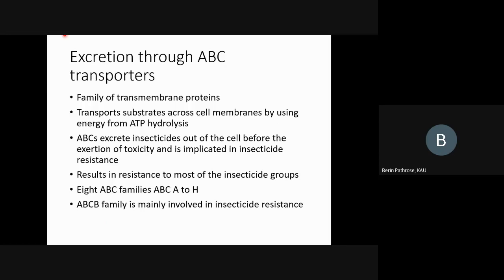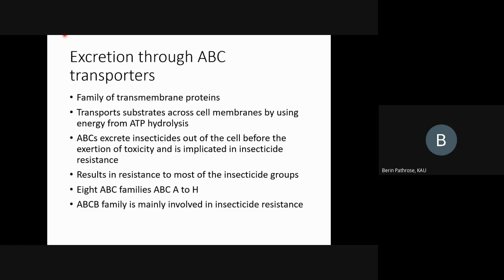If you go through the literature now, they mostly study target site insensitivity along with traditional resistance mechanisms. That is the latest trend, because carrying out a genetic analysis is pretty easy now.